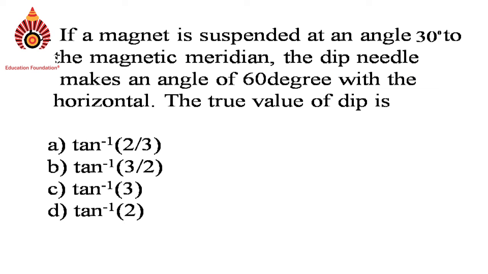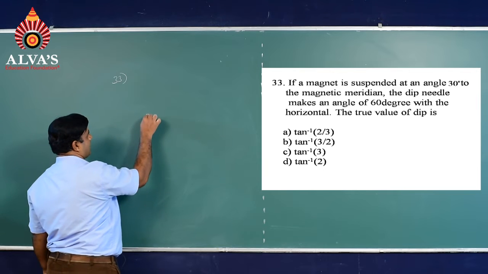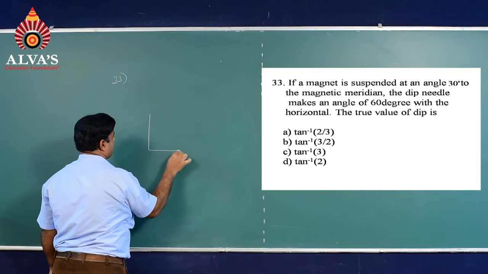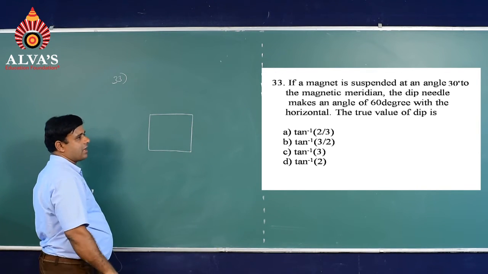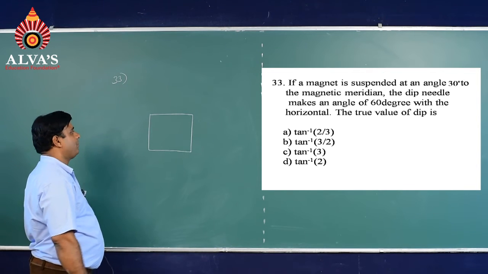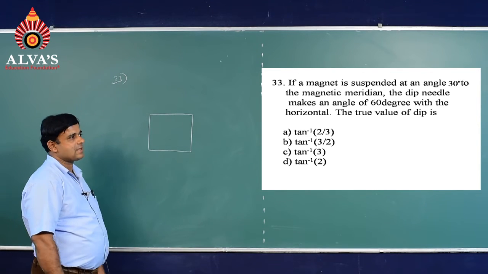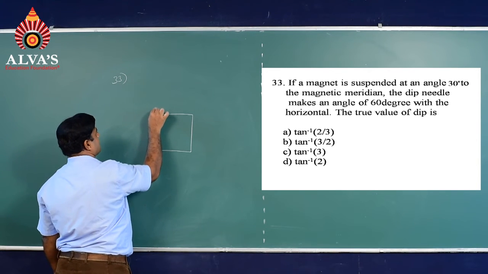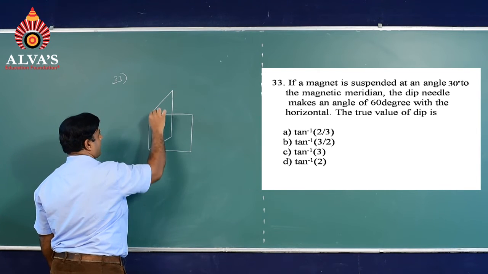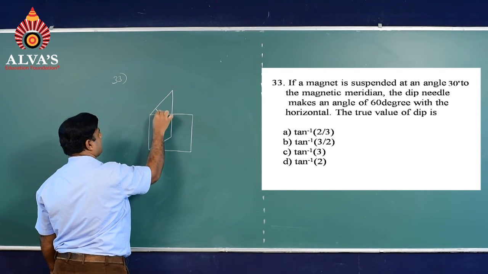If a magnet is suspended at an angle of 30 degrees to the magnetic meridian, the dip needle makes an angle of 60 degrees with the horizontal. The true value of dip is? Whenever dip is measured in the magnetic meridian, it is called true dip. If it is measured in some other plane, it is called apparent dip. Now, it is measured in some other plane, which makes an angle theta with the magnetic meridian.